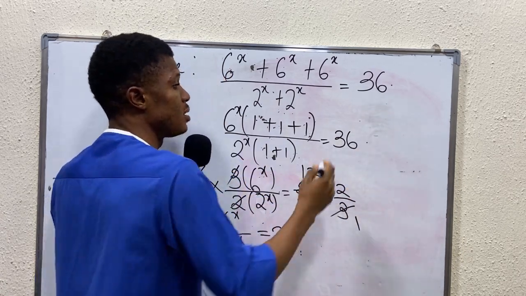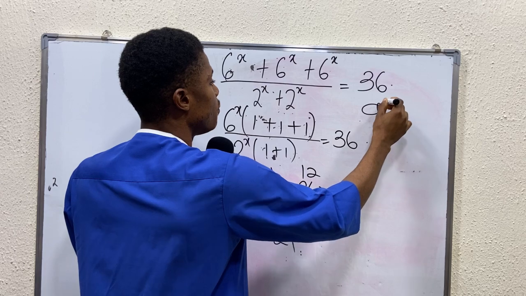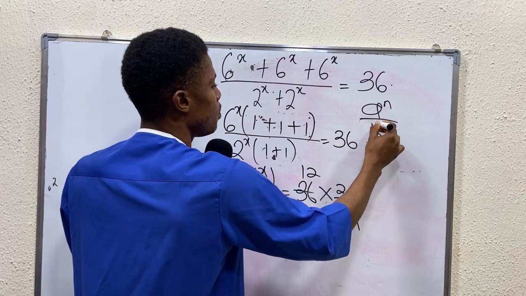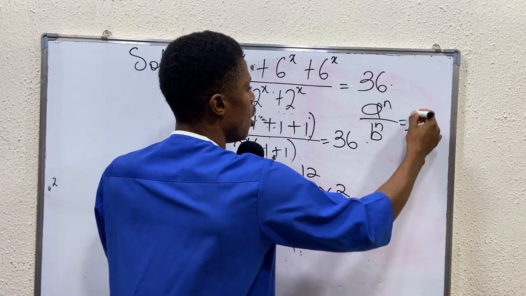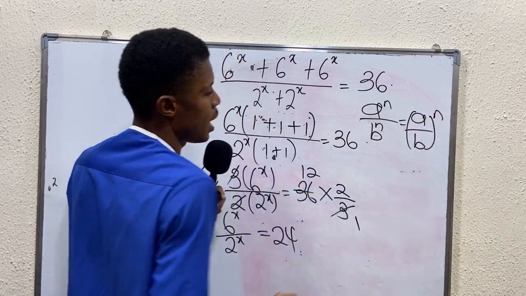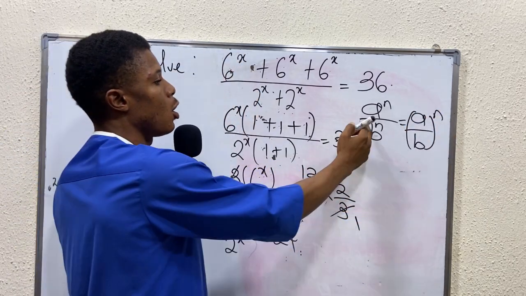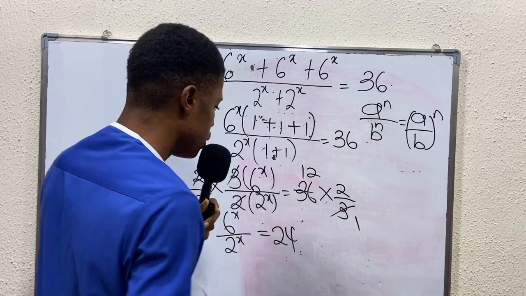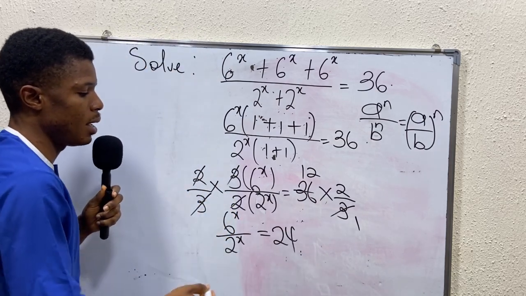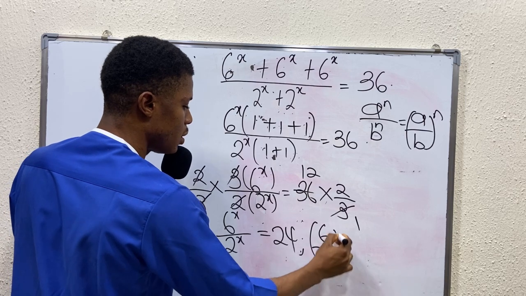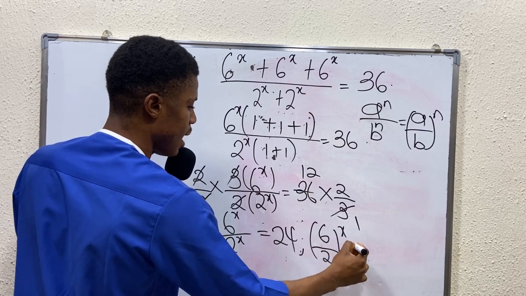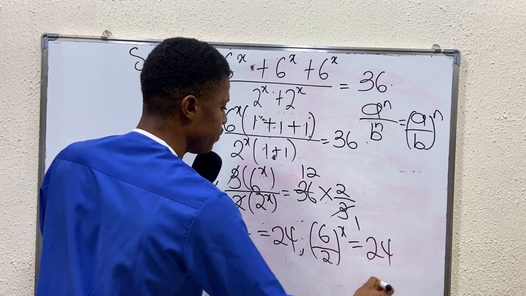From the law of indices, we have that a^n divided by b^n we can still write as (a over b) all raised to the power of n, factoring out the common powers. So we can apply it here. We can now write (6 over 2) all raised to the power x, and that equals 24.